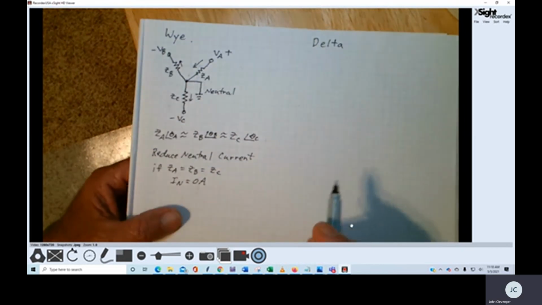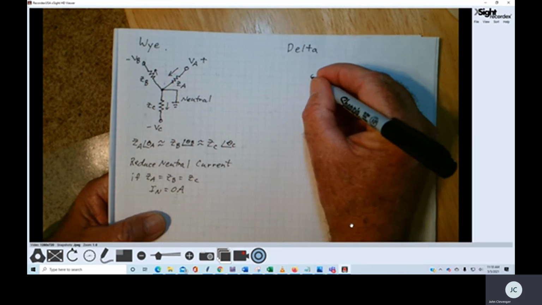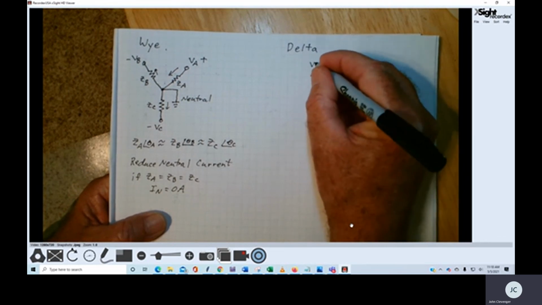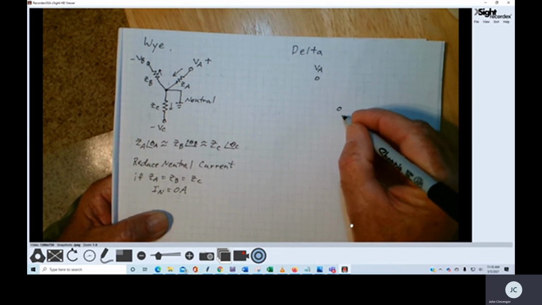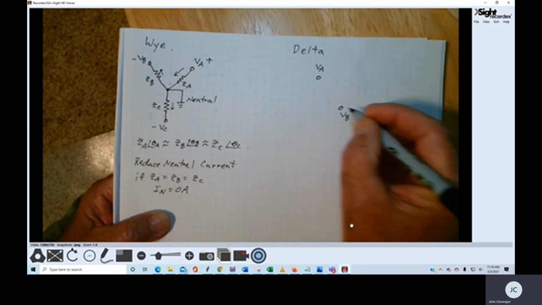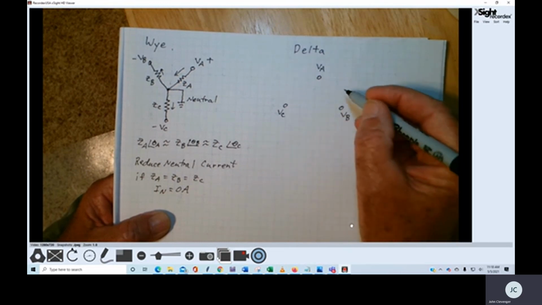Now, our other configuration is called a delta. And here we've got our voltage VA. And down here, I've got my voltage VB. And over here, I've got my voltage VC.